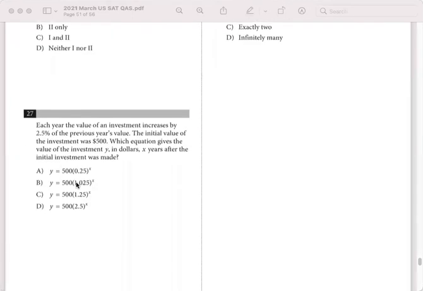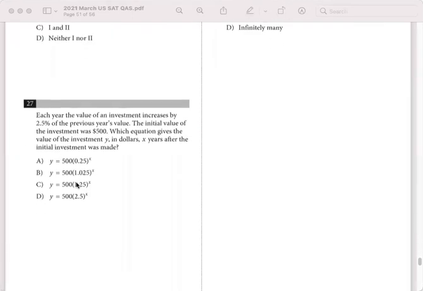Okay, so that was 26. Let's go to 27. Each year, the value of an investment increases by 2.5% of the previous year's value. The initial value of the investment was $500. Which equation gives the value of the investment X years after the initial investment? Okay, so this is the compound interest formula, right? 1 plus R over 100 to the power T, right?